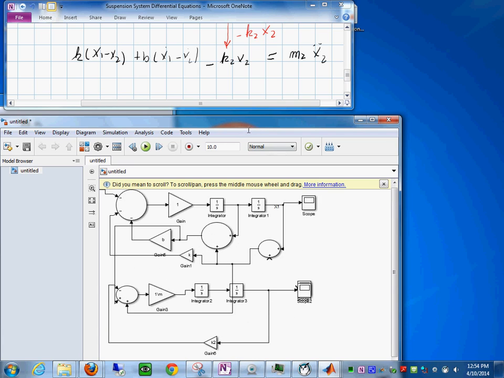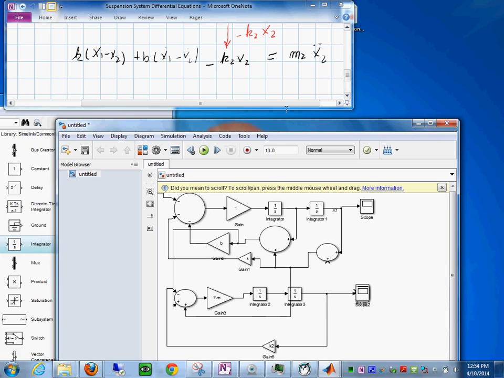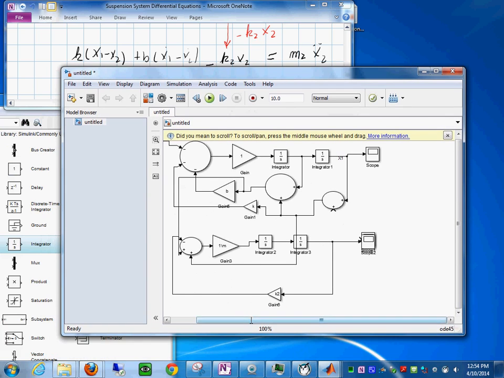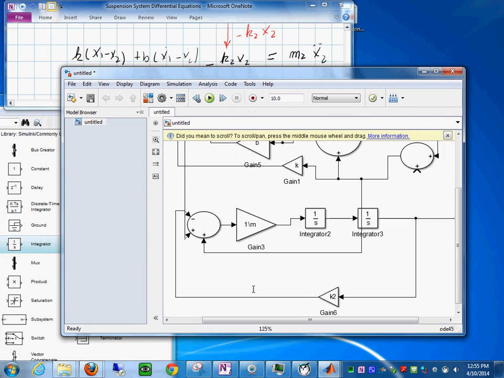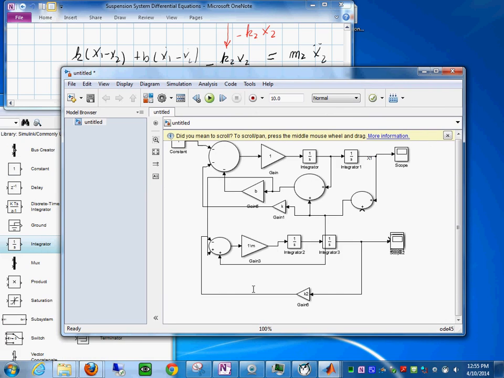Okay, so we have all the connections now, and we could do a simulation, but the first thing is to translate these equations into this graphical form that Simulink does.